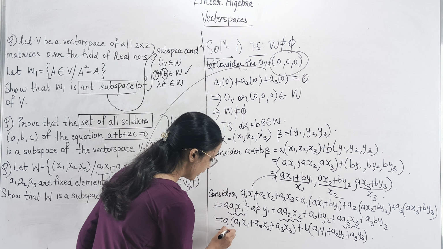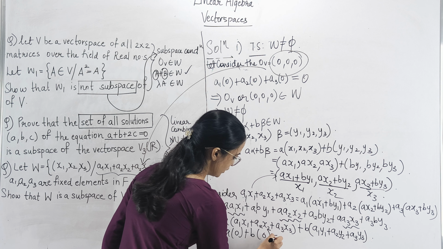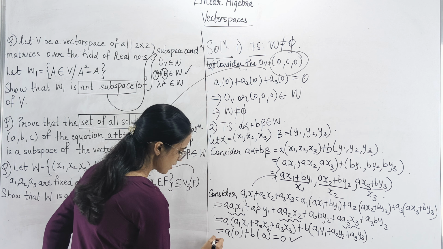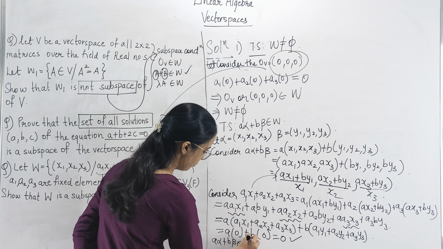So can I write a into 0 plus b into 0 which is equal to 0. Condition तो satisfy हो गए. So can I say that a alpha plus b beta belongs to W.